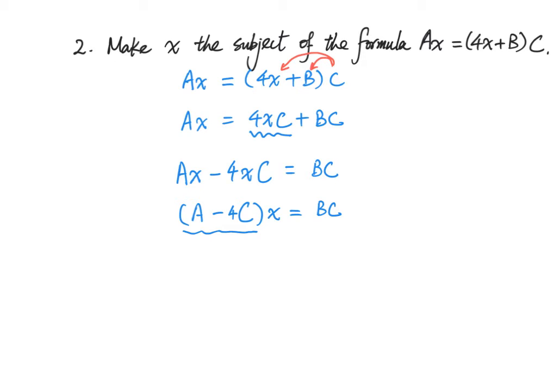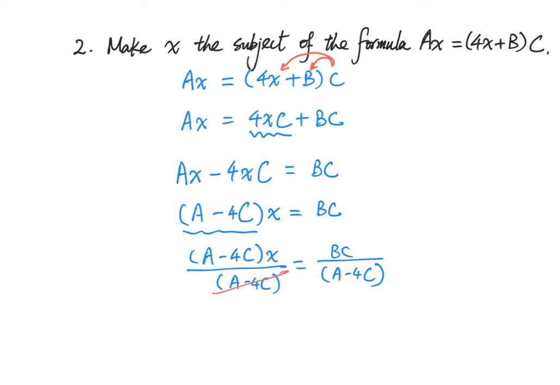If we want to move the bracket to the other side, we change sign, change operation. Here is multiplication, so you change to division. Divide by the whole bracket on both sides. Divided by a minus 4c equal to bc divided by a minus 4c.